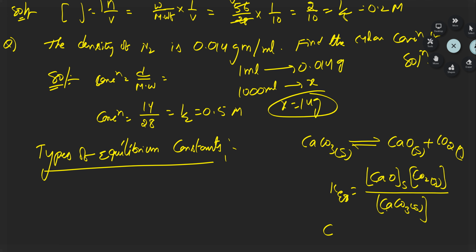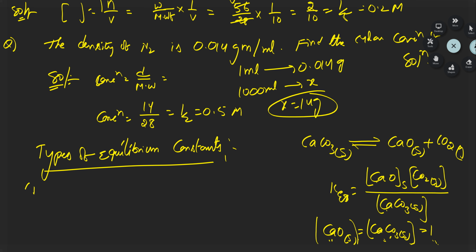So these two values, CaO in solid state and CaCO3 in solid state, are equal to 1. It is pure solid. If you are taking pure solids, the concentration will be equal to 1. Why? Because that active mass depends on density and molecular weight. Both will be constant.